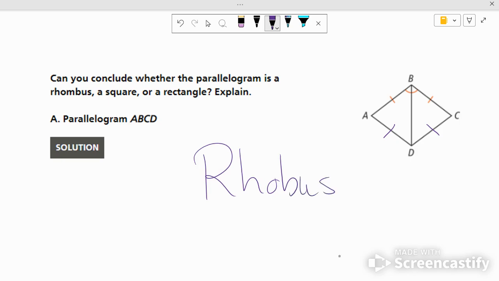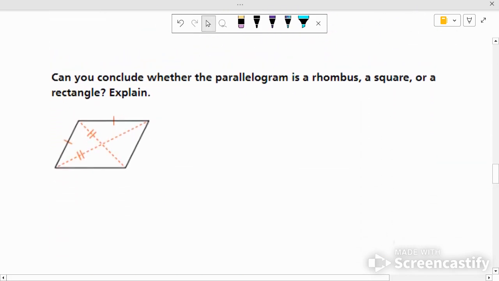Because when the diagonals are bisected, but the more important, all four sides are congruent. If it's at a right angle at this corner, then what would we know it would be? It would be a square, but we don't know about any right angles, so we can't say that, so it's a rhombus. Okay?